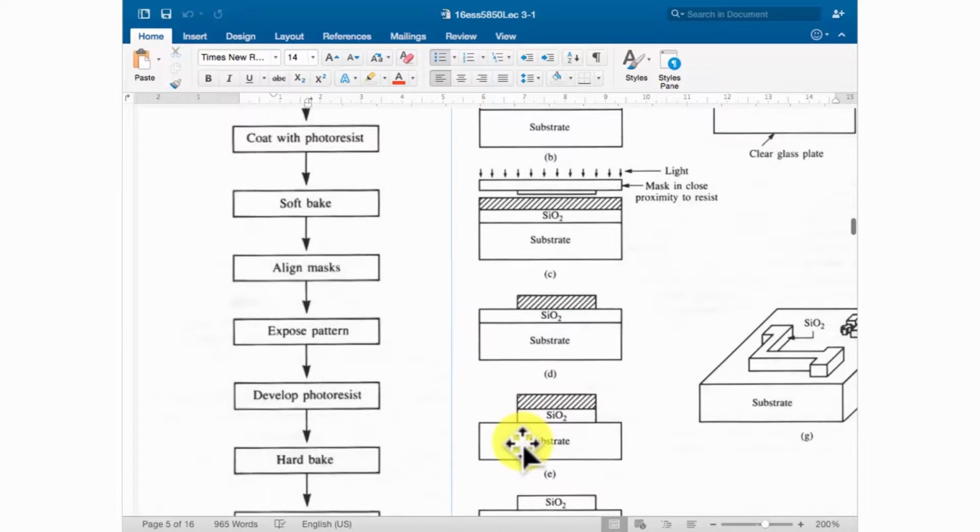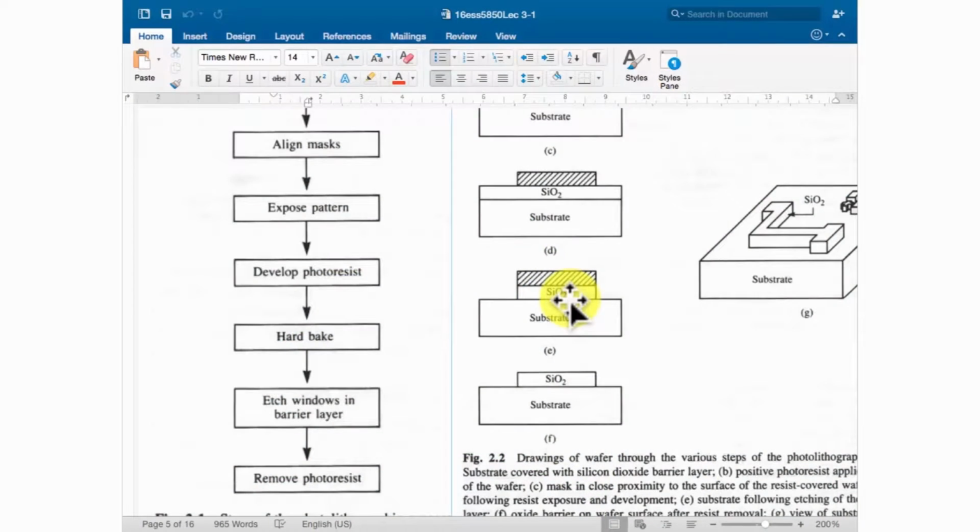Then we can put these into, for example, wet chemical etching. Silicon dioxide can be easily etched using hydrofluoric acid. So we immerse the whole wafer into the hydrofluoric acid, and the opening part can be etched away, dissolved away.